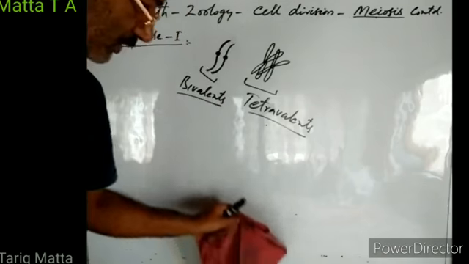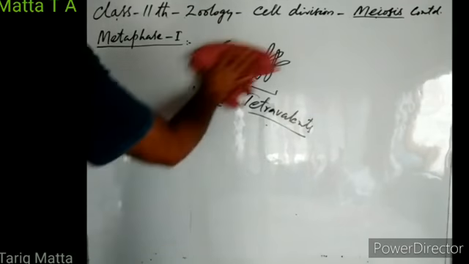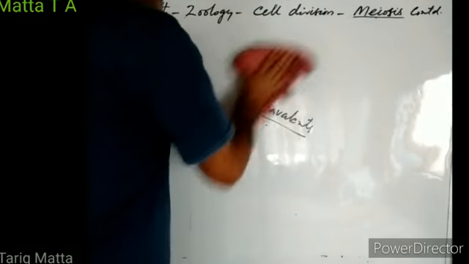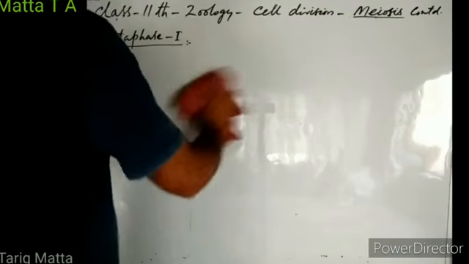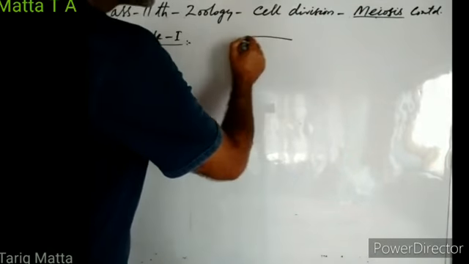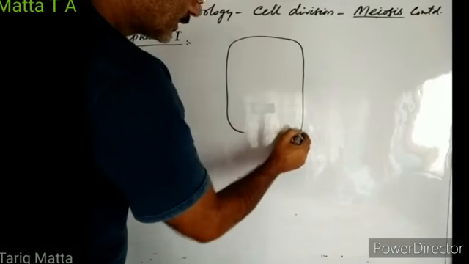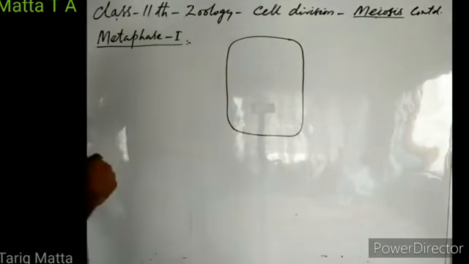Now today we are going to discuss metaphase first of meiosis first. So we will see what happens in the metaphase of meiosis first. Now in metaphase, the cell leaves prophase first and enters metaphase first.